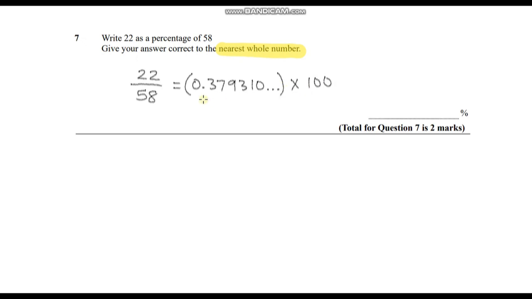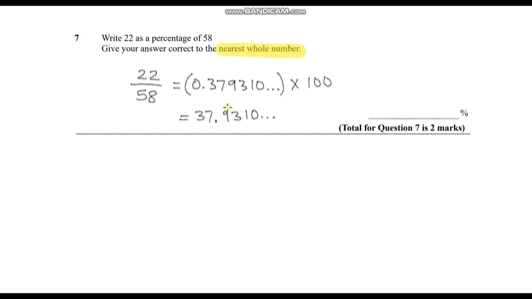So if we multiply that by 100, our decimal point now comes here after the 7. So that is going to be equal to 37.9310... So that is our answer as a percentage. It says give your answer correct to the nearest whole number. So we've got 37.9. It's either going to round down to 37 or it's going to round up to 38.